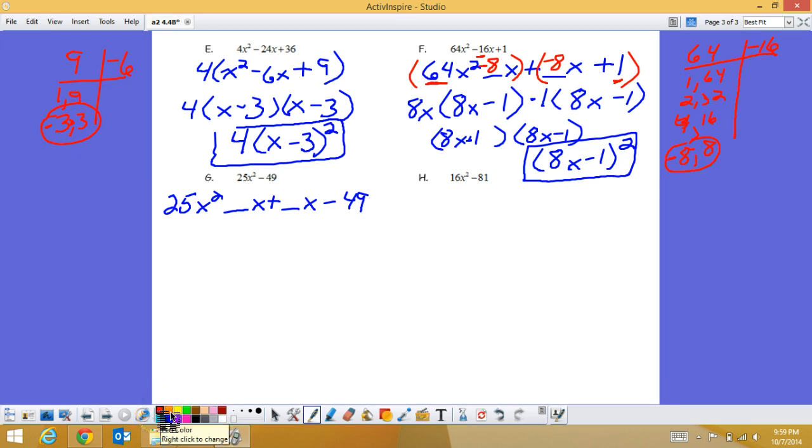So if we take 25 times negative 49, that would be 1225. And we want them to add up to 0. Well, the only way you get two numbers that add up to 0 is if they're opposites of each other.